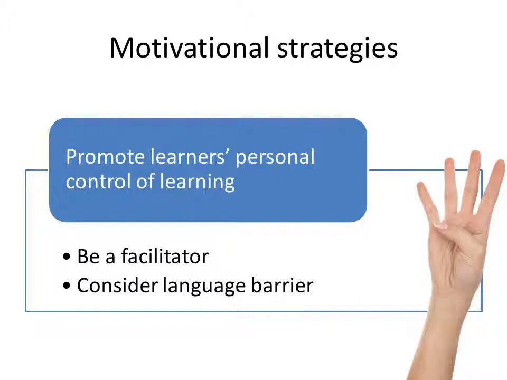So we decided to distribute handouts. Also, we ask the learners what they have learned from this lecture, what else they would like to learn about this topic, and what their learning needs are.